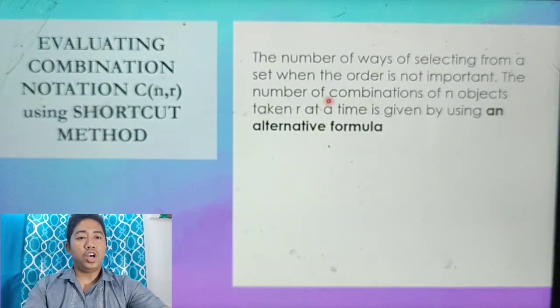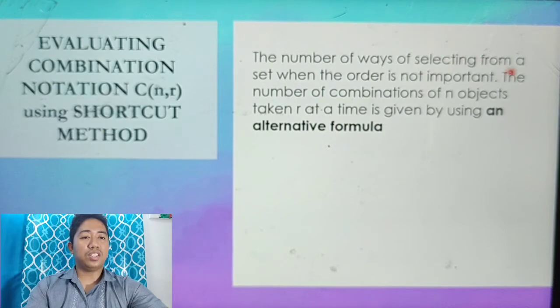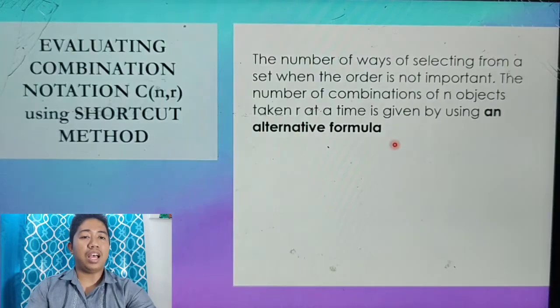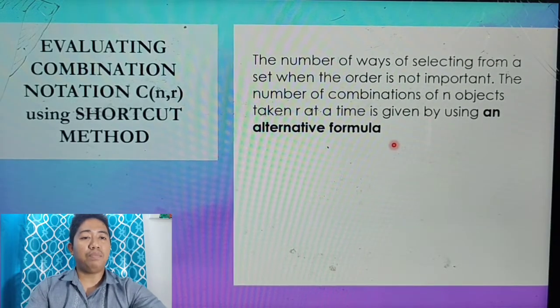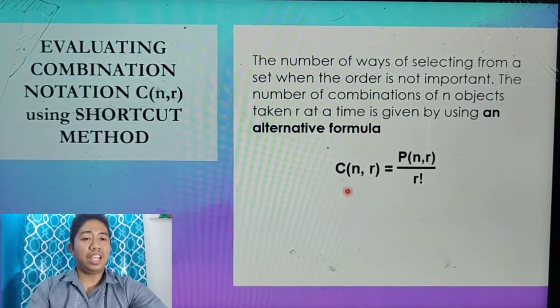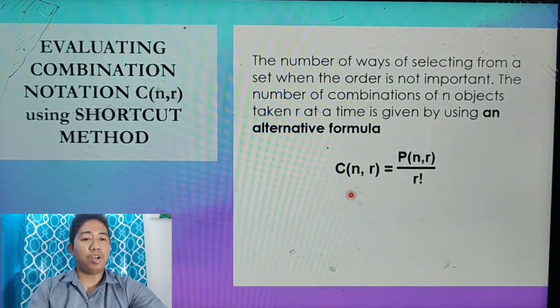Okay, so the number of ways of selecting from a set when the order is not important, the number of combinations of n objects taken r at a time is given by using an alternative formula. So instead of using the given formula, we are using another alternative formula to evaluate the given combination.